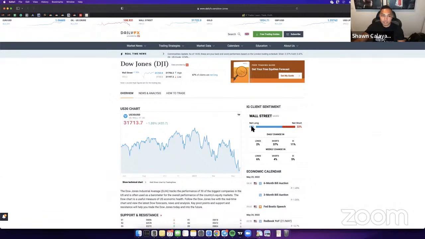So here's how you guys can kind of see people are getting their accounts blown, or if their stop losses are getting hit. If this number here changes, typically people's stop losses are getting hit, or they're just pulling out of the trade, because this number basically indicates where the retail traders are trading. So if it's 67% long and 33% short, you refresh this, and if this number goes from 67 to say 65, that's because people are either getting stopped out of their buys or they're just pulling out of the trade.